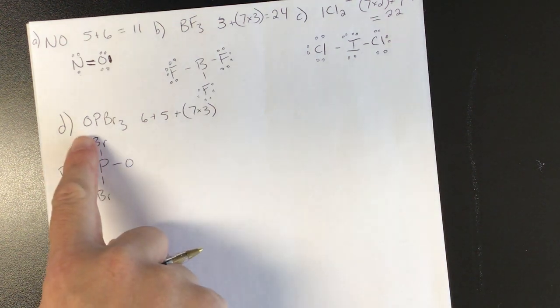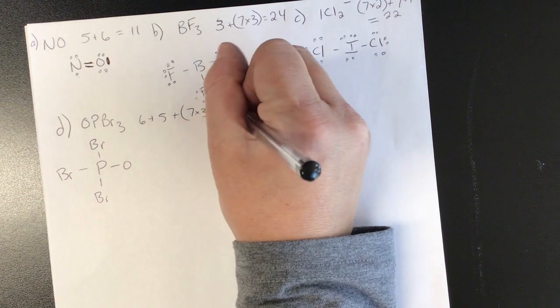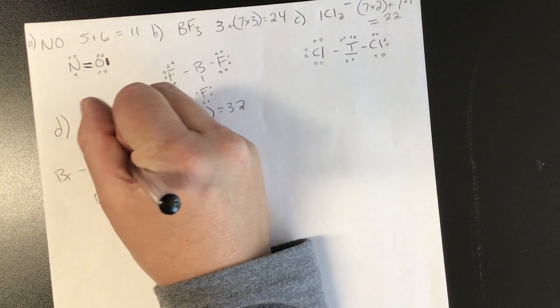So we get 32 electrons. We're going to put the lone pairs around the outside atoms.